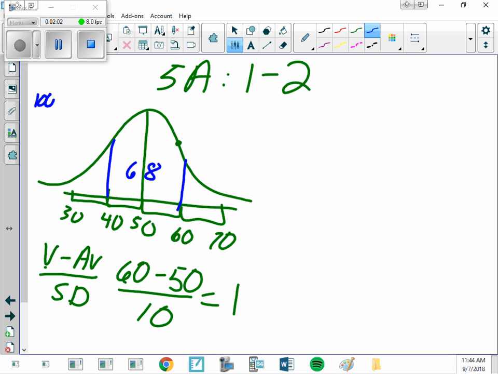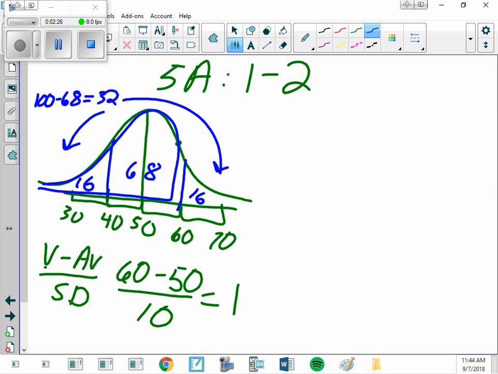So 100 minus 68 is 32, but that 32 is split among 2 halves. So each one of these halves is 16. So how many people are 60 inches or shorter? 68 plus 16 will give us this group there, which is 84.